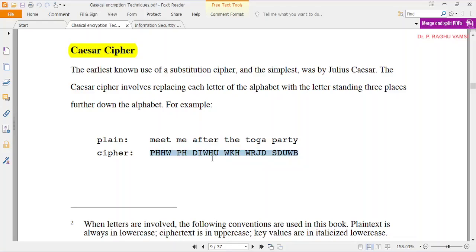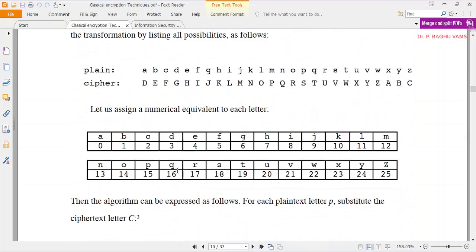So these are the various basic ciphers. How can you formulate this? Because you cannot directly go and replace it. There should be a formulation of the conversion to the ciphertext. For example, here is a plain text. Whenever A is there, it should be replaced with D, and if B is there, it should be replaced with E. If C is there, it should be replaced with F, like that.